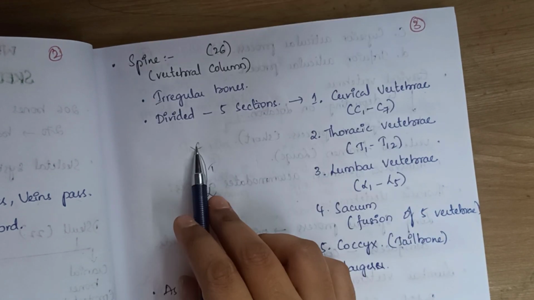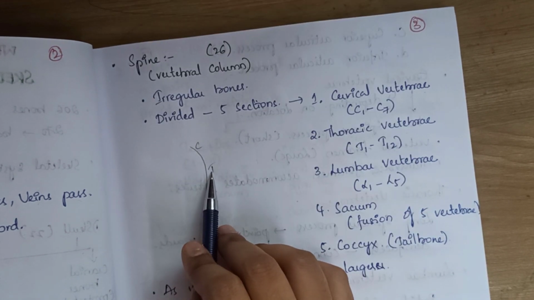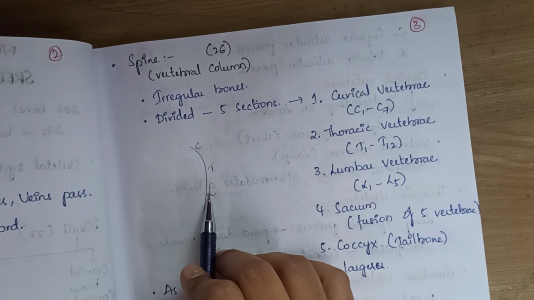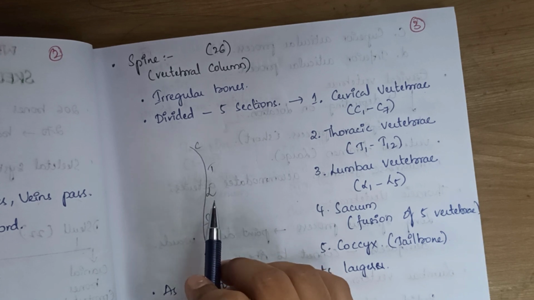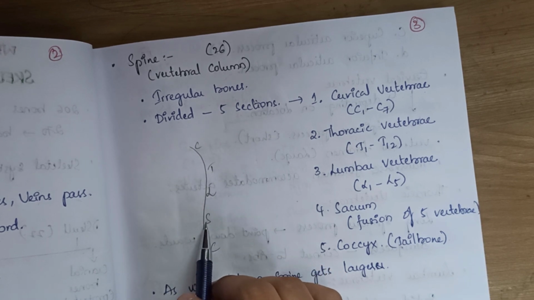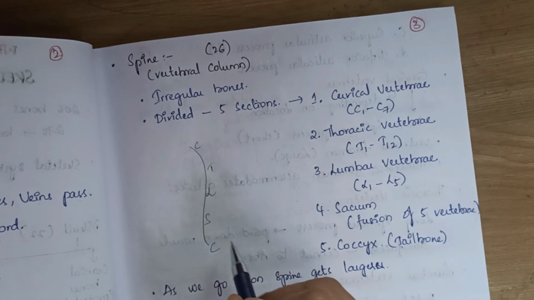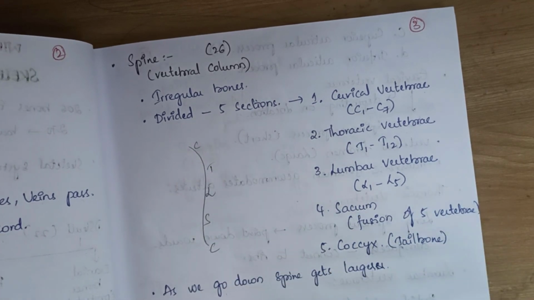Cervical vertebrae C1 to C7, thoracic vertebrae T1 to T12, lumbar vertebrae L1 to L5, the sacrum, which is a fusion of 5 bones, and the coccyx, that is the tailbone.